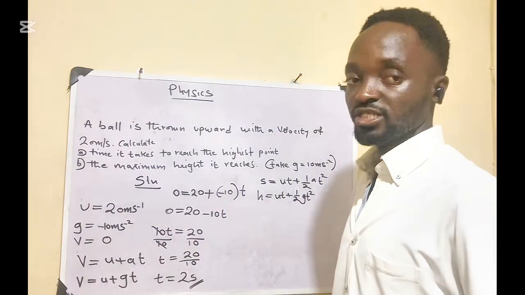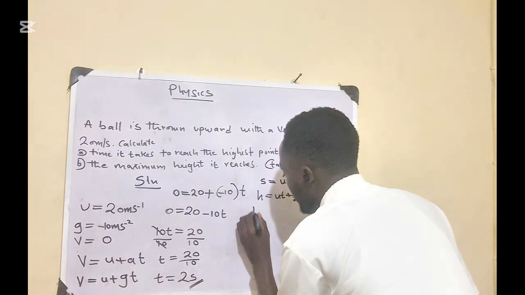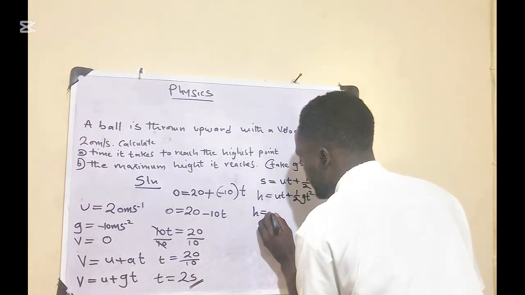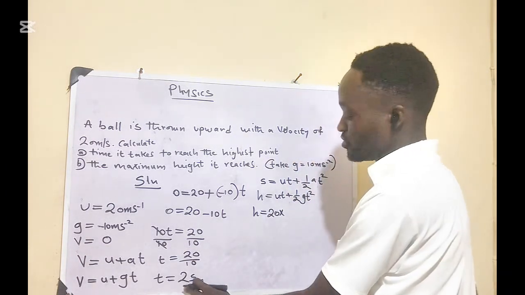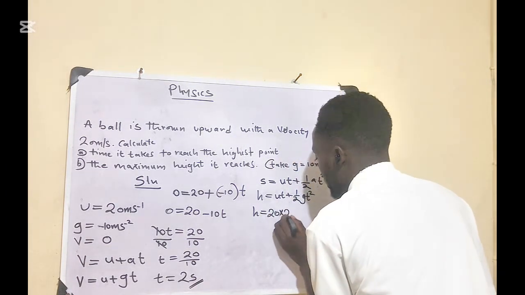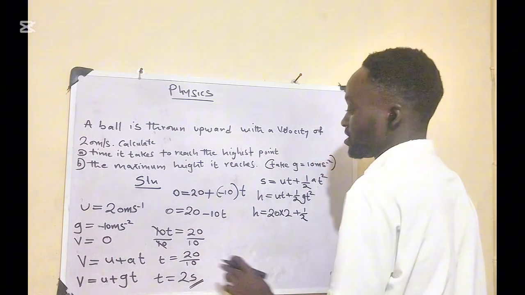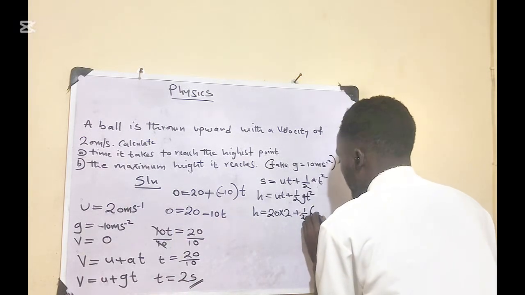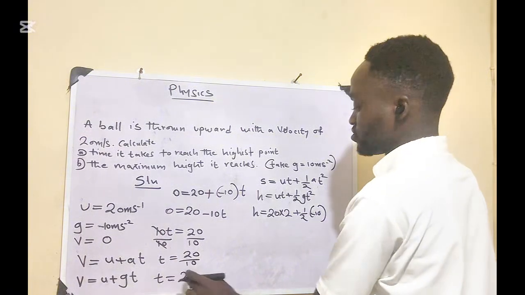So having that, we can now find the maximum height. This is our height, so we can substitute our variables and find it. So h is equal to u, our initial velocity, which we know is 20, and the time we have already found, which is 2 seconds. So 20 times 2 plus 1 over 2 times g. We already know that g is minus 10, so write minus 10, then times t squared, that is times 2 squared.